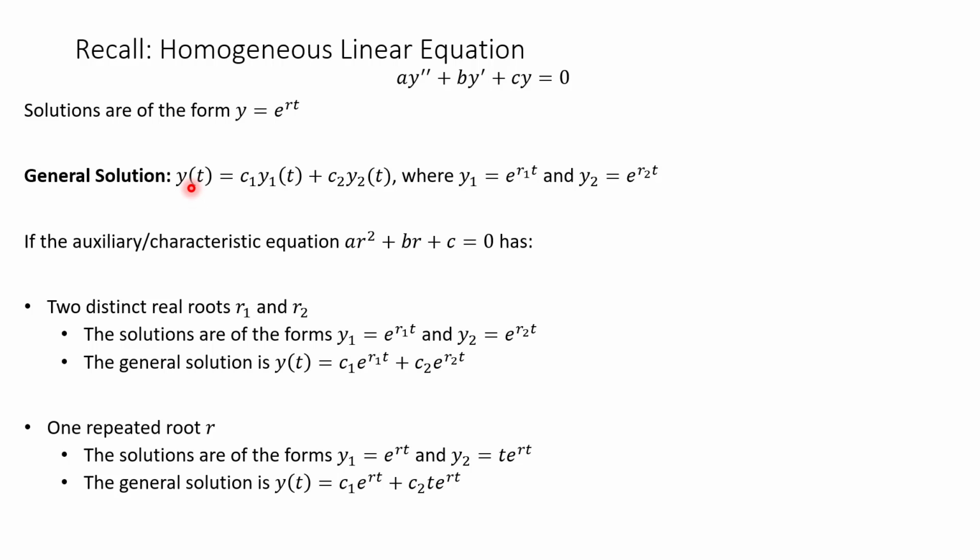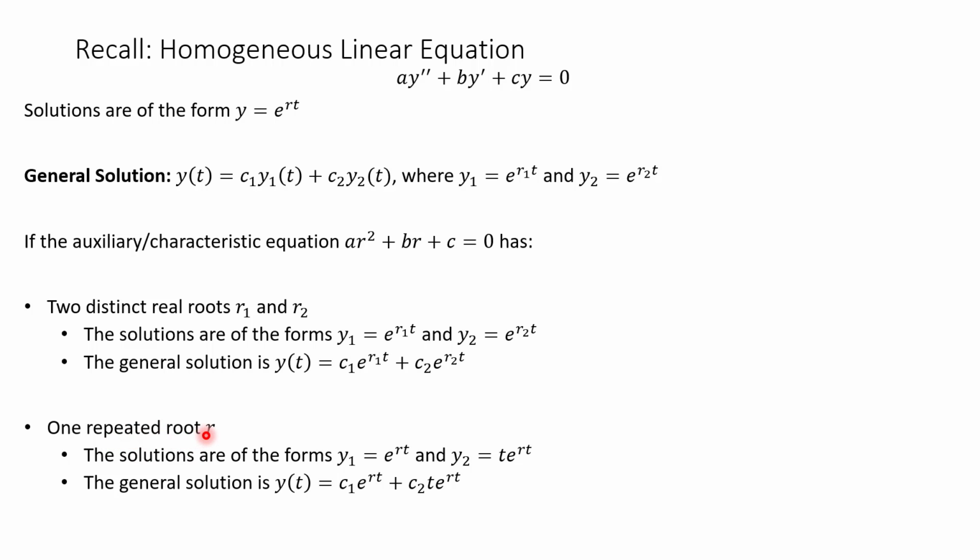Okay, and so let me remind you of the breakdown. Depending on the roots, if r1 and r2 are different, then your general solution is just a C value times e to one of your r's times t, plus a C value times e to the other r to the t. But the interesting one is when you have one repeated root.